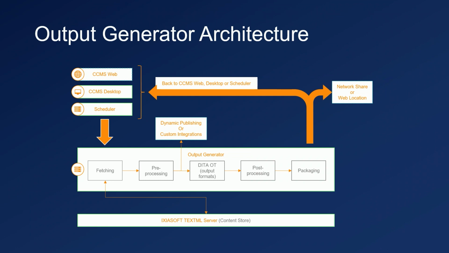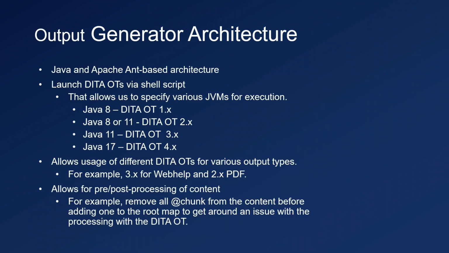The way we've architected things, it makes it easy for us to host a whole bunch of different open toolkits for various publications. The Java-based part is generally just the extraction of content on disk. The Ant-based part is the setting up of the environment to be able to launch the open toolkit.